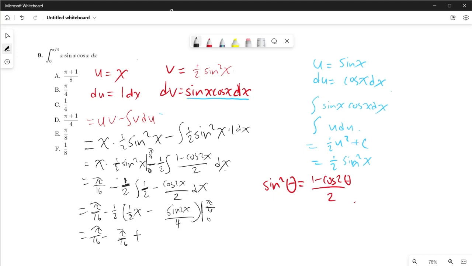Sine 2x would be sine pi over 2, which would be, sorry, 1. And then sine 2x would be 1, divided by 4 divided by 1/2 would be 1/8. And then sine 2x of 0 would be minus 0. So the final answer would just be F.